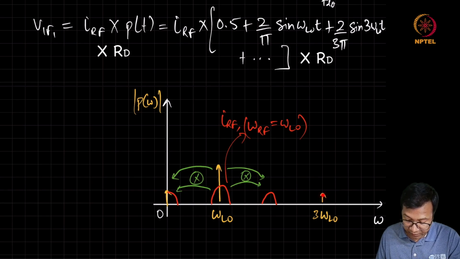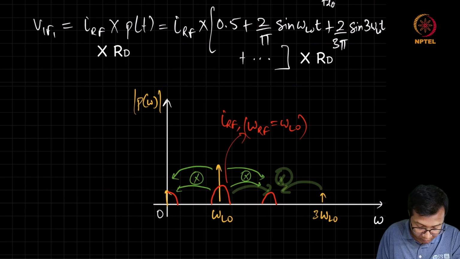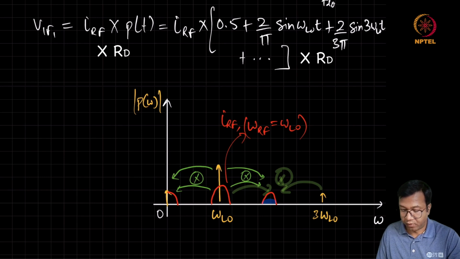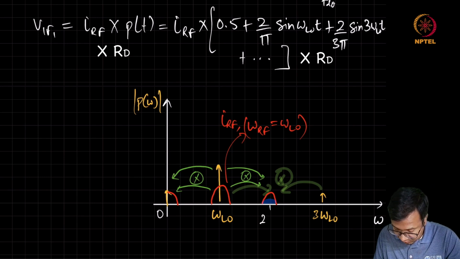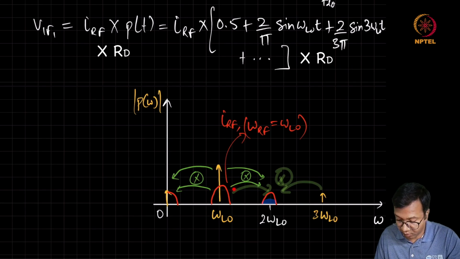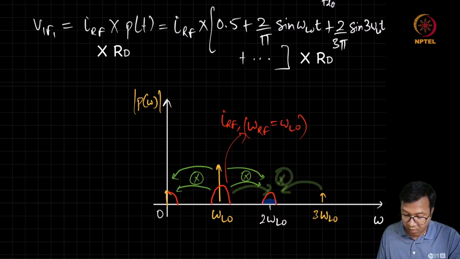For example, this 3 omega LO term is also going to create its own component, this 2 omega LO. And then there will be some component which will appear at this 4 omega LO and so on.